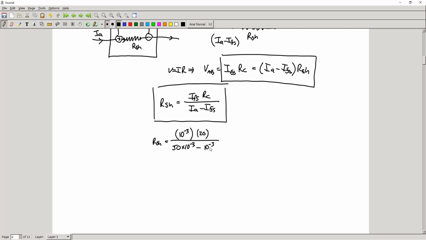If you do that calculation and clean the whole thing up, you find that RSH is equal to 0.408 ohms.